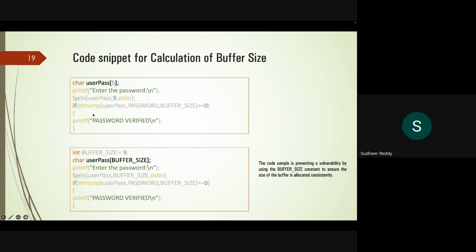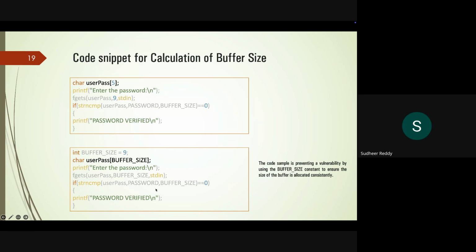But in the earlier code, I had wrongly annotated this function fgets, out of my ignorance or over enthusiasm, and put a number, 9. But here there is no such problem, since this 9 is stored in a constant, which is the buffer size. So I'm reading fgets userpass, buffer size, standard input, so whether it is 9 or 10 or 20 or 100, the same number is taken up.